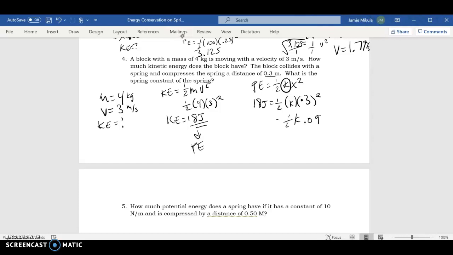Multiply both sides by 2 to cancel that 1/2, so 18 times 2 is 36. And then you have left k times 0.09. Divide 0.09 by both sides. 36 divided by 0.09 is 400. So that spring has a spring constant of 400 newtons per meter.